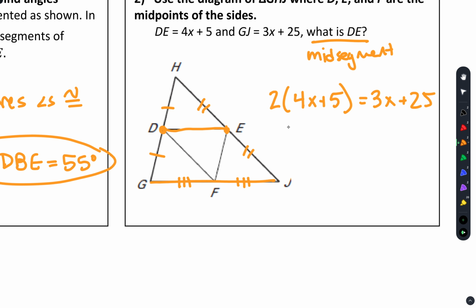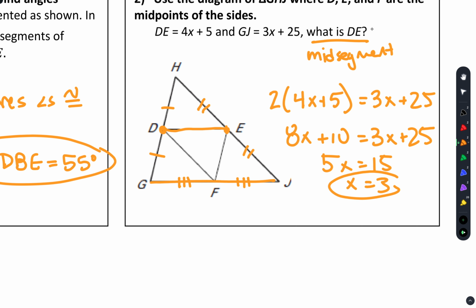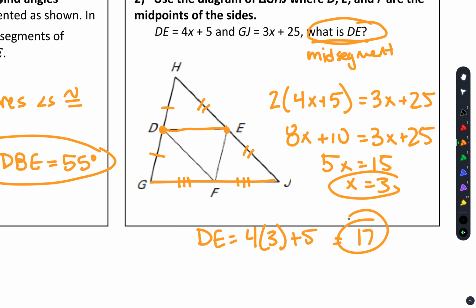That just avoids any decimals. So 8x plus 10 equals 3x plus 25. I'm going to do some subtraction here. 5x equals 15. X is 3. I got to go plug it in to find DE, which is 4 times 3 plus 5, or 17. That's it. Any questions?